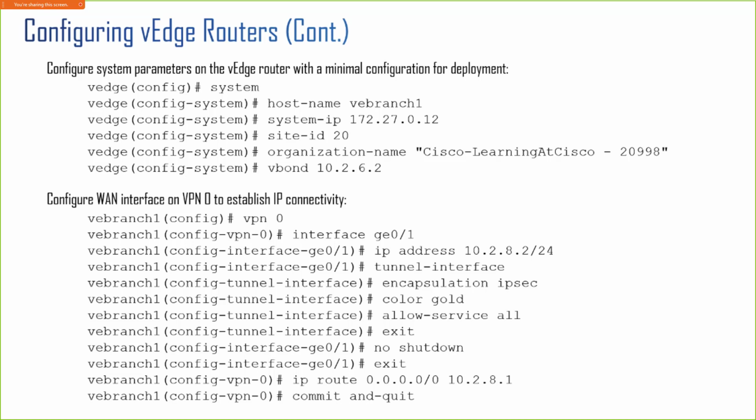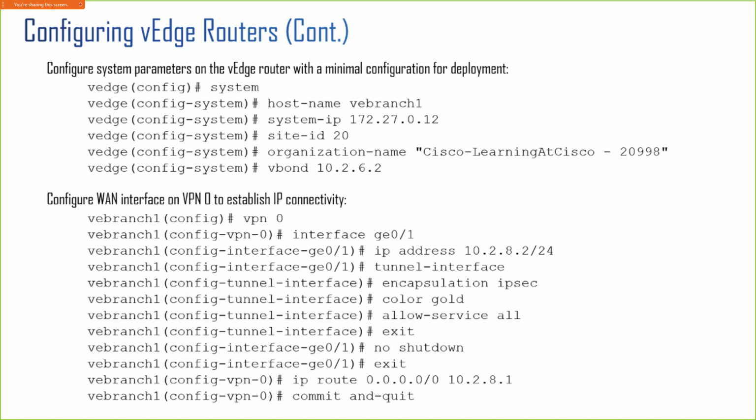You can have more than one interface participating in VPN 0. And remember, these interfaces that we're talking about, these are physical interfaces to the transport, right? Whether it's an MPLS connection or whether it's a broadband Ethernet internet connection or LTE connection, doesn't matter.